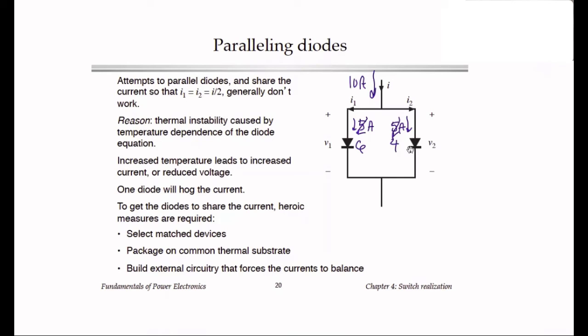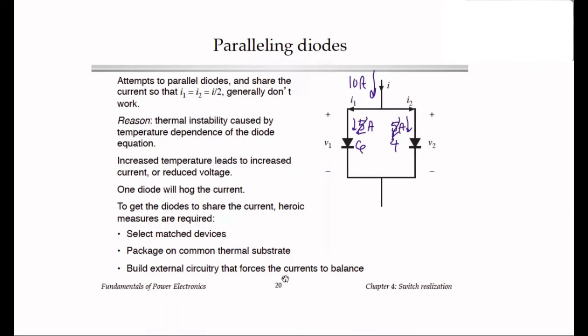With majority carrier devices, the forward drop goes up as the temperature goes up, and it may be possible to parallel these devices. So if you want to get minority carrier diodes to share current, we have to use countermeasures so we can prevent breakdowns of these devices.